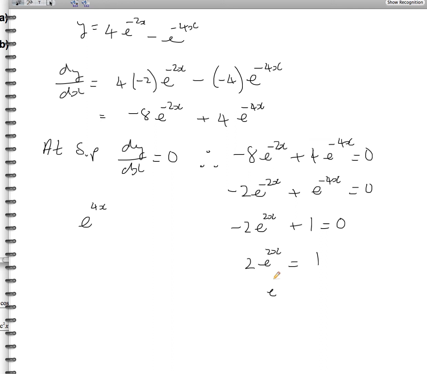So e to the power 2x is equal to 1 over 2. So I now take logs. So that's going to be 2x is equal to log of 1 over 2, which means x is equal to half of log 1 over 2. Now that will do as the answer.